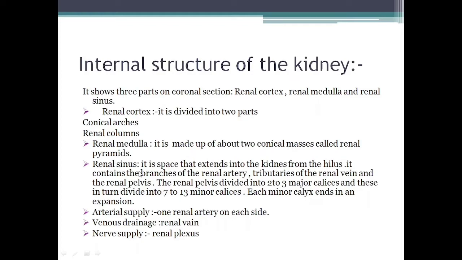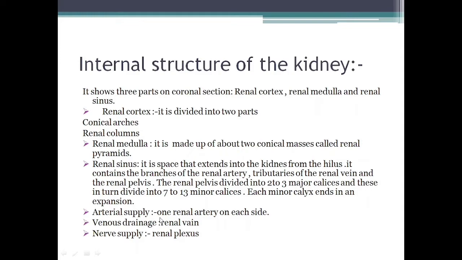The renal sinus is a space that extends into the kidney from the hilum. It contains the branches of the renal artery, tributaries of the renal vein and the renal pelvis. The renal pelvis is divided into 2 to 3 major calyces, which in turn are divided into 7 to 13 minor calyces. Each minor calyx ends in an expansion.